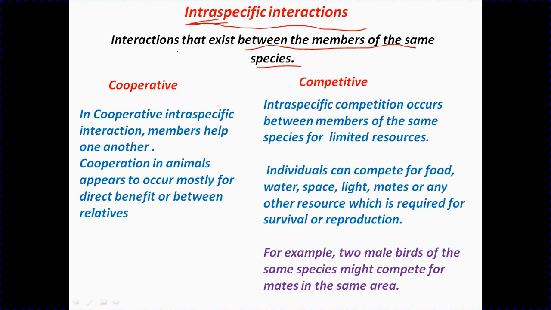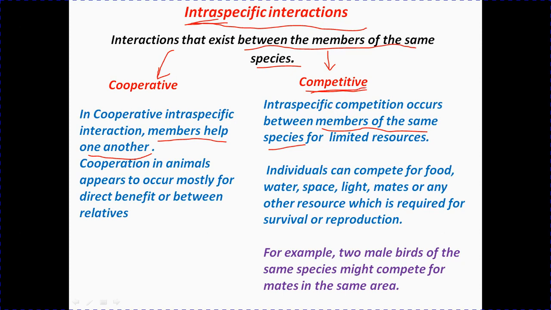These interactions can be cooperative and competitive as well. In cooperative interactions, the members help or benefit one another. In competition, it occurs between members of the same species, and sometimes it can also exist between members of different species.